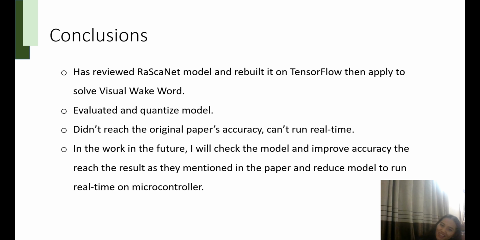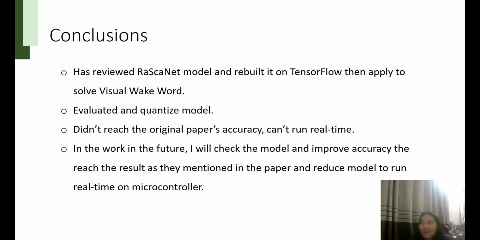But actually, it didn't reach the original paper's accuracy, and I also couldn't run the model in real time. So in future work, I will check the model and improve the accuracy to reach the result mentioned in the paper, and reduce the model to run in real time on the microcontroller.